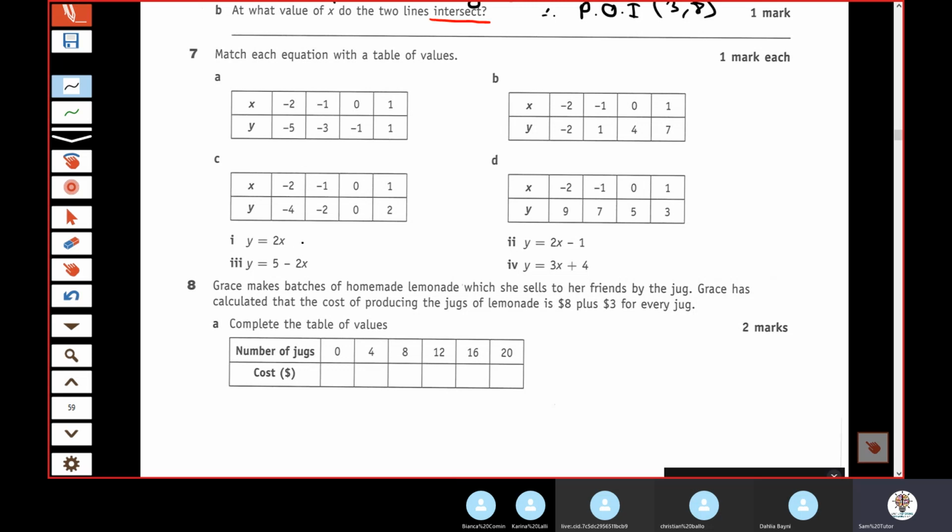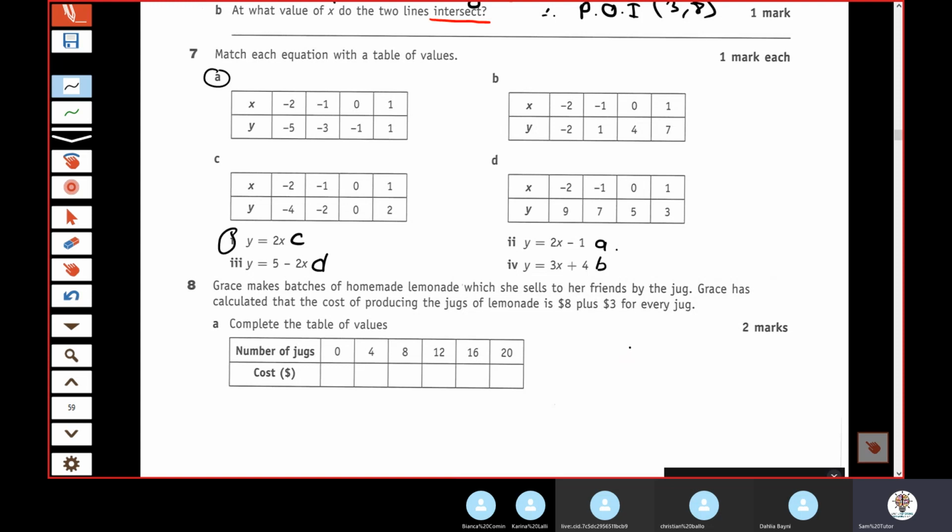Y equals 2x would just mean 2 times the x values to get your y, which means this is C. 2 times the x values take away 1, the closest looks like A. 5 take away 2 times x looks like D. And then the only other one left is B.